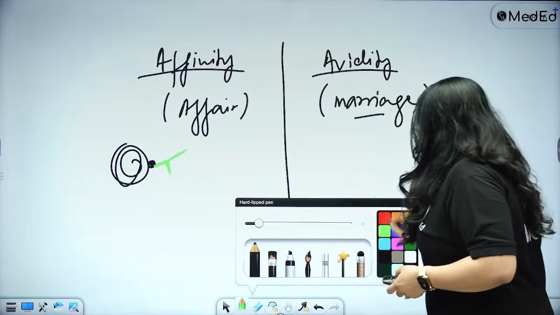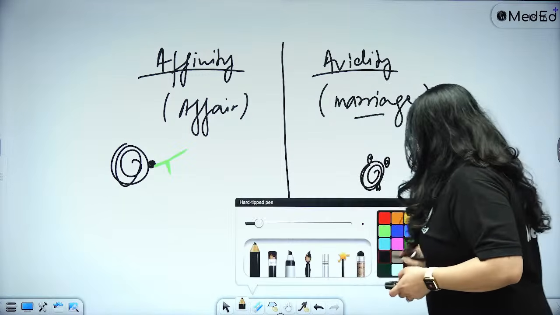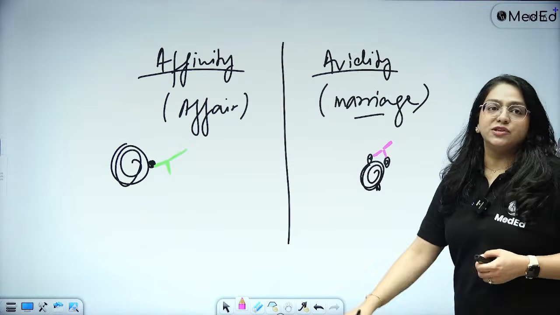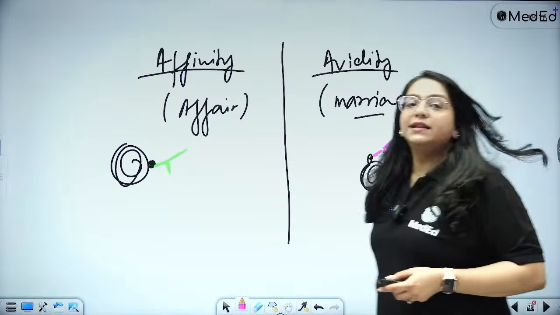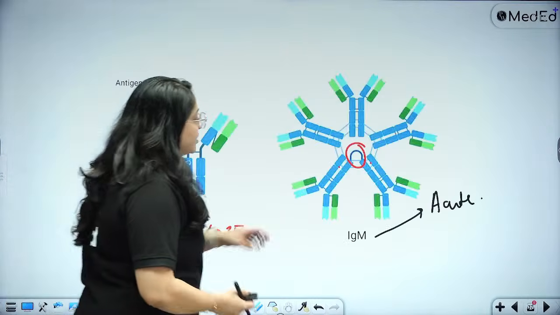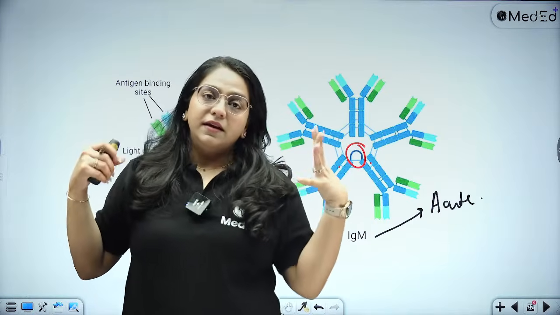Whereas in avidity, the antibody has come and bound from multiple sites to this particular antigen. So multiple points of attachment are there. That is avidity.